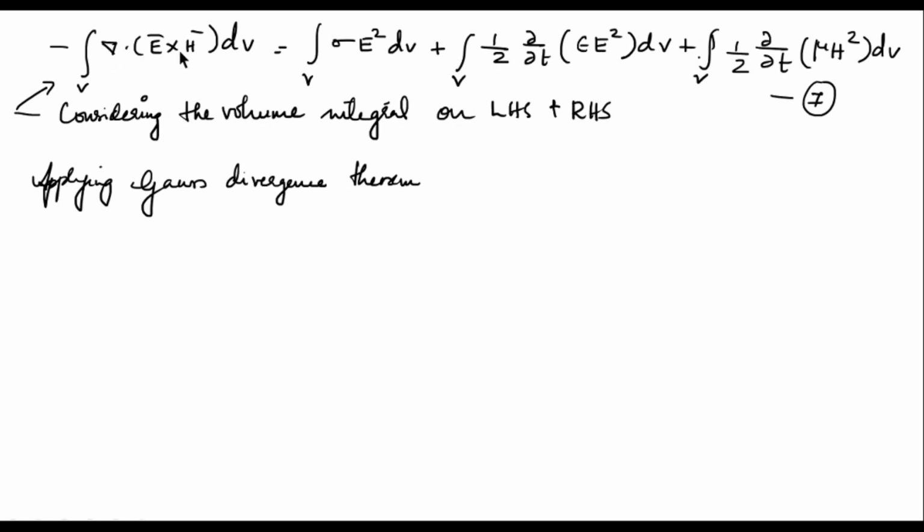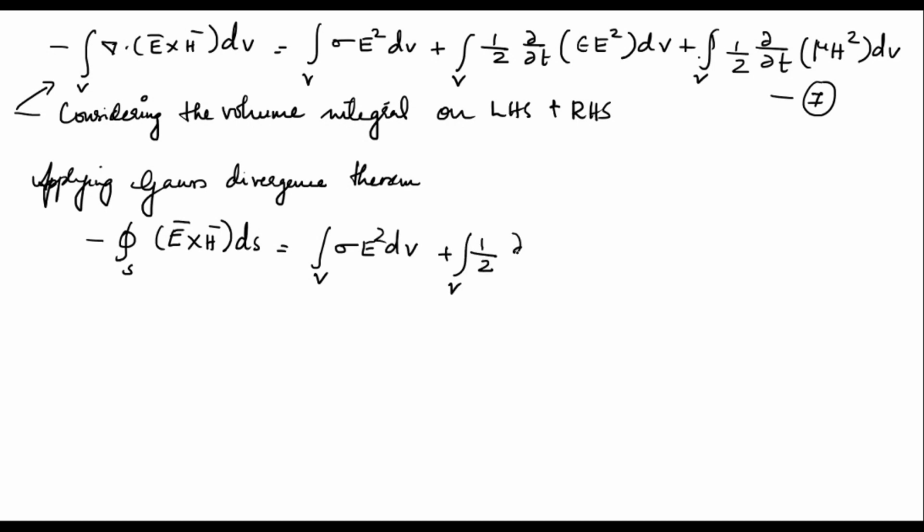Minus integral over V del dot E cross H can be written in the form of a surface integral, that is minus surface integral over S E cross H dS is equal to the same thing on the right hand side, that is sigma E square dV plus half into dou by dou T of epsilon E square dV plus half into dou by dou T of mu H square dV.